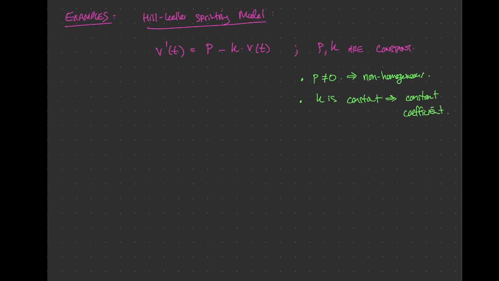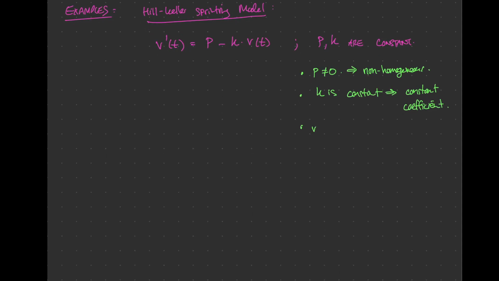And then we know that v only appears with a power equal to 1, so it tells us that this is linear. And we know that it's ordinary because we only have one input variable, and that's t.